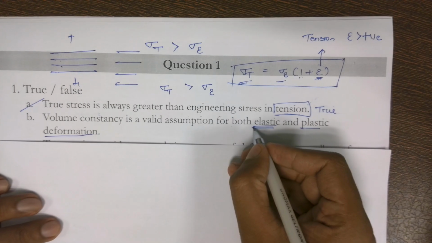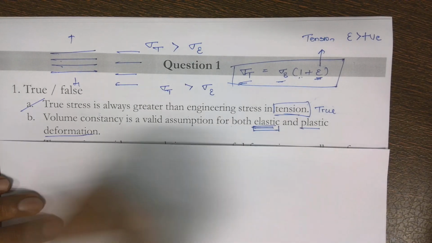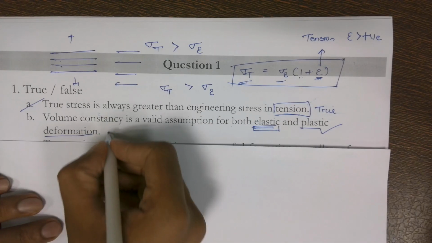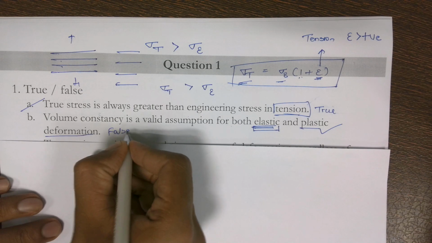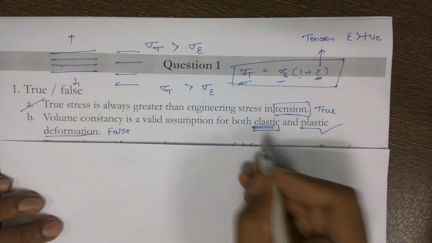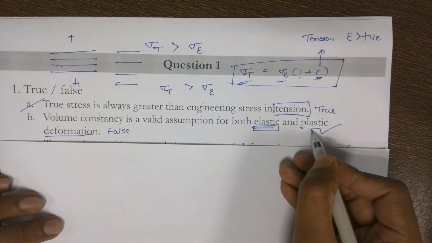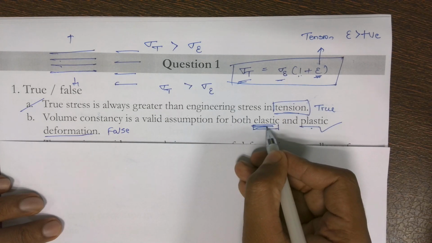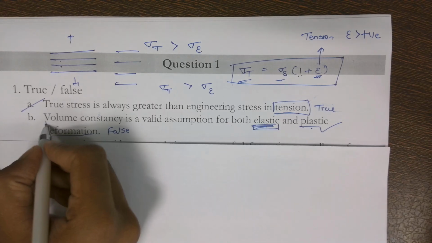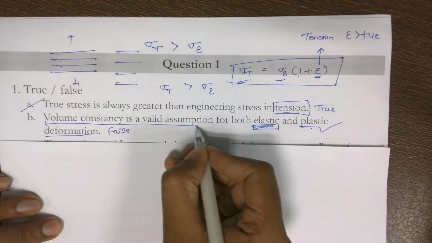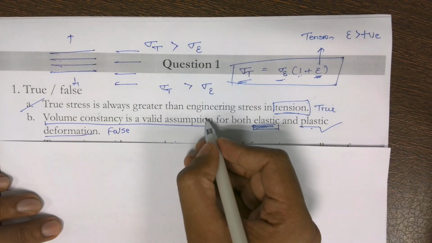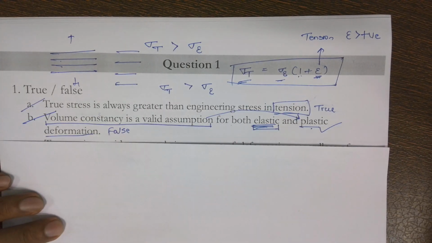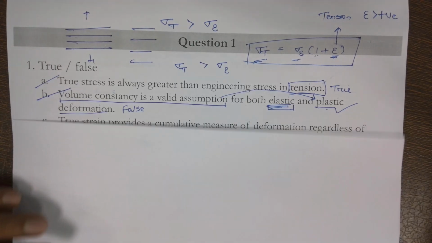So the volume constancy is not valid in the case of elastic. It is only valid for the plastic. Okay, this is false. In plastic deformation, the volume is not going to change. In the elastic deformation, the volume is going to change. So this assumption is only valid for the plastic deformation. Okay, so this is false. Any doubt? Let me know.